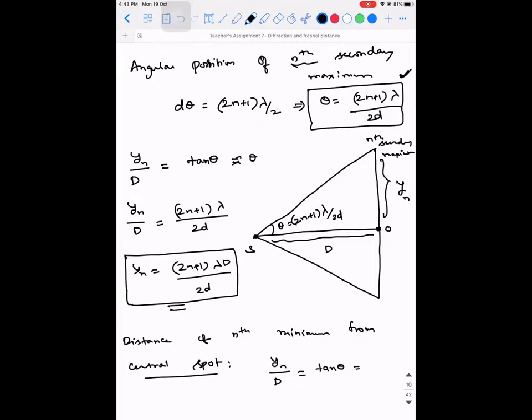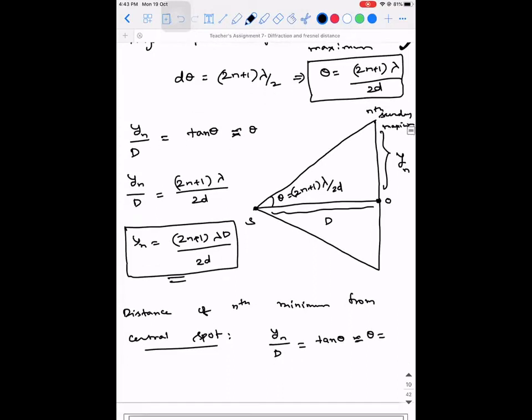Same tan theta, but this time what is theta, guys? N lambda by d. That's right. So yn will be equal to n lambda into capital D divided by small d. Okay, that's it. So you have understood the concept.